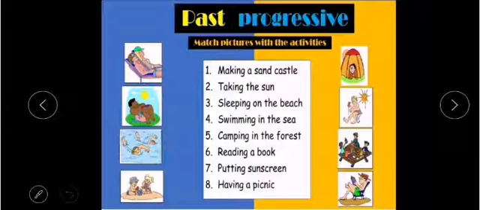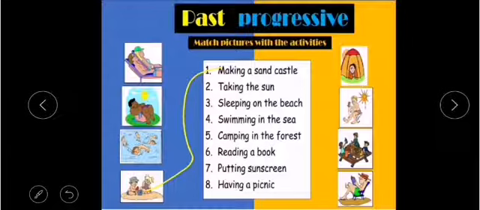Making a sand castle، منهم two. كيف بنحولها؟ بدنا subject، ممكن نحكي they were making a sand castle. نعتبر هذا الحكي صار for example قبل أسبوع. بدنا نحكي شو كانوا بيعملوا. السؤال زي ما حكينا قبل: what were you doing أو what were they doing. They were making a sand castle.